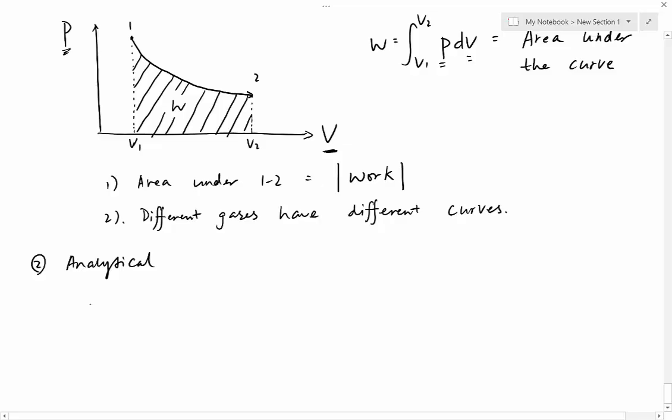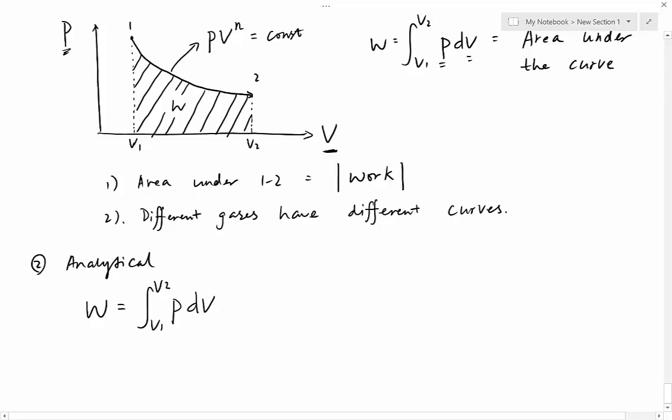The analytical method. We start from this equation. Work is equal to integral P dV from V1 to V2. And then, like everything on the XY diagram, the curve can be written into an equation. P times V with the index of n is equal to constant.